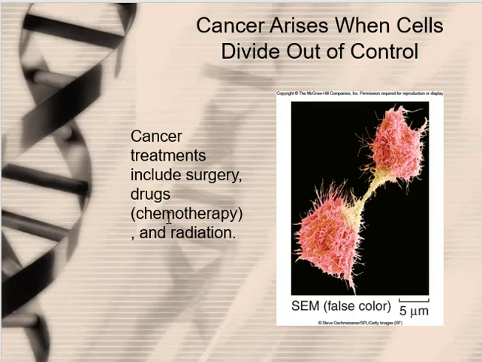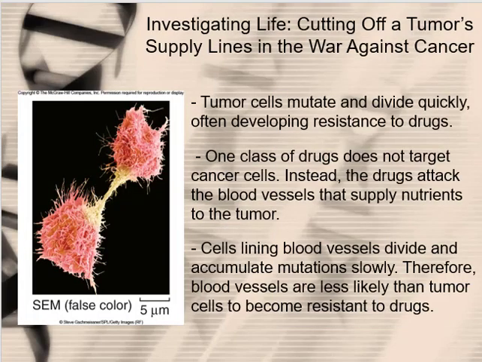But radiation and chemotherapy can kill you as well, because chemotherapy tends to just be poison. But what they're doing is they're hoping that the poisons will kill the cancerous cells before they kill you. All right? Tumors will mutate, divide very quickly, and develop resistance to drugs. There are all kinds of new drugs for cancer all the time, and they're testing them and working with them, etc.